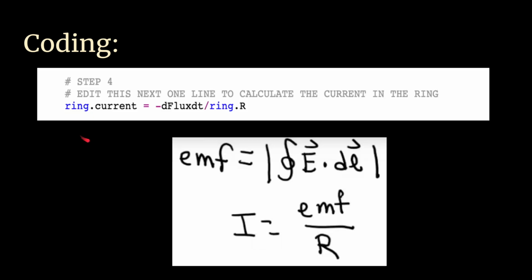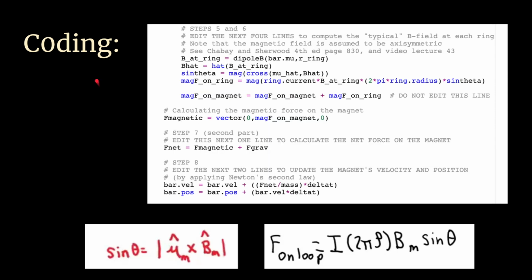Step 4 is to calculate the current in the ring. We know EMF is equal to the magnitude of the change in magnetic flux, and therefore current is equal to the EMF divided by the resistance, which is translated into the code. Steps 5 and 6 are to calculate the magnetic field at each ring.